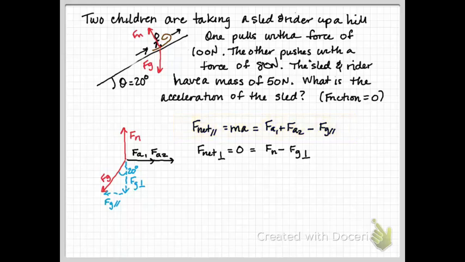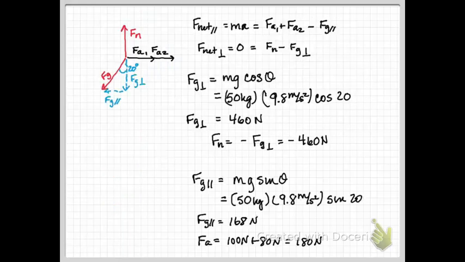And in the perpendicular direction, the sled's not accelerating up and down, so that's going to be 0: the normal force pushing up and the perpendicular piece of the weight pulling down. Once you have those two equations, you start figuring out all the things that you can find with what you know.